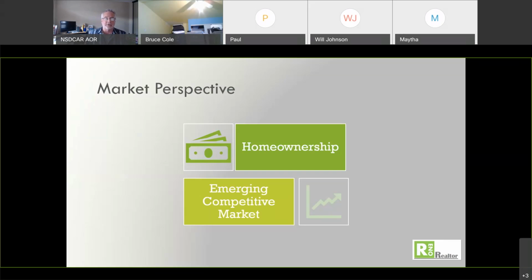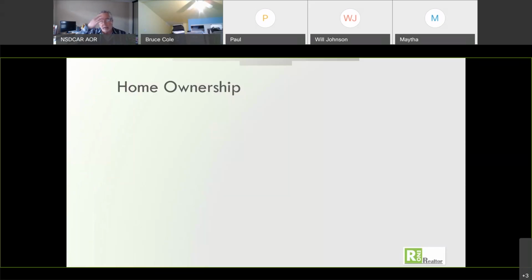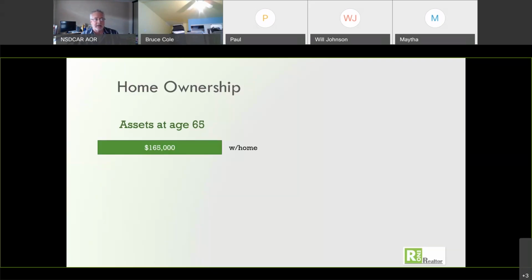So I'd like to share just a little market perspective before we go into the homes that have issues. Something that has become very important to me is understanding some of the real fundamentals on why we're doing home ownership. And this really affects us baby boomers out there. I heard a very sobering statistic: when you turn 65, average net worth is $165,000 if you own a home.